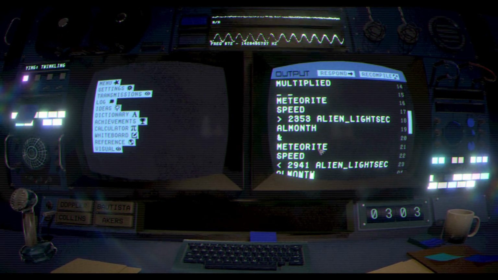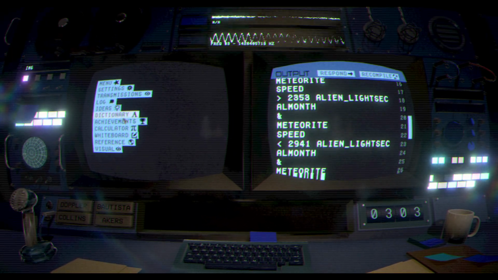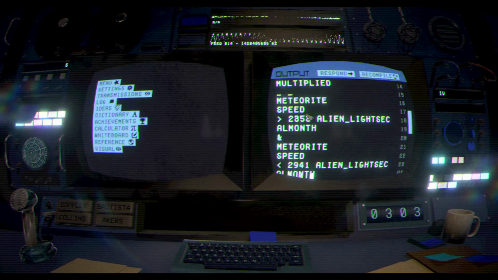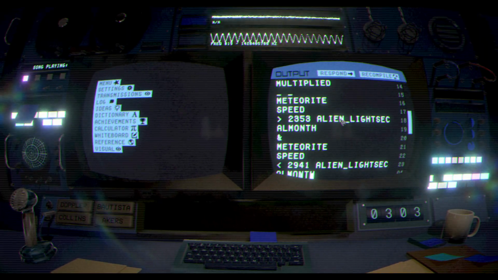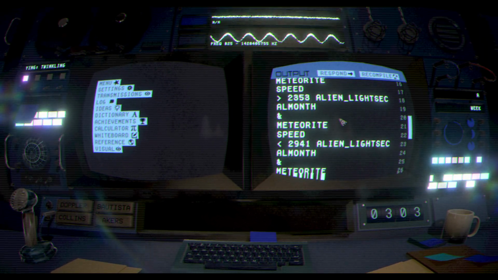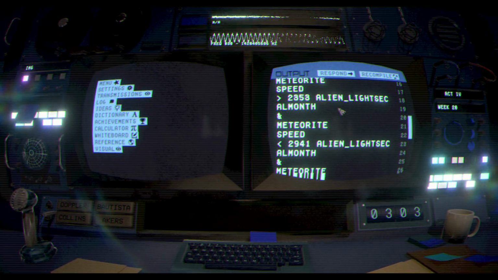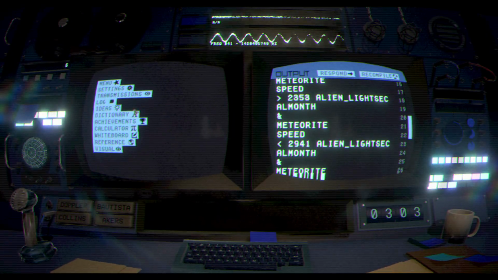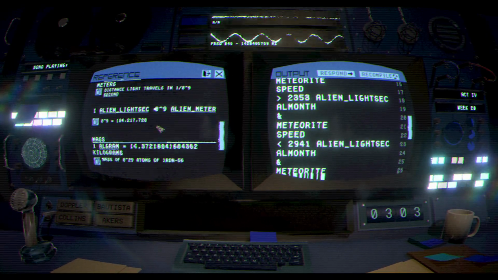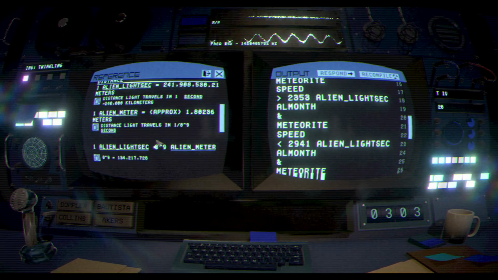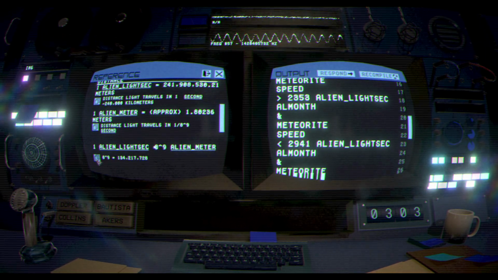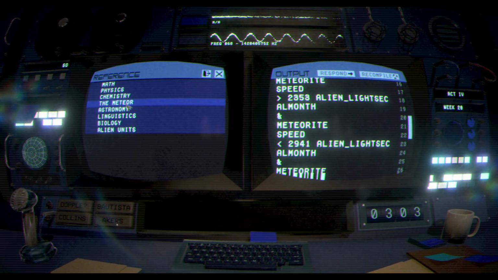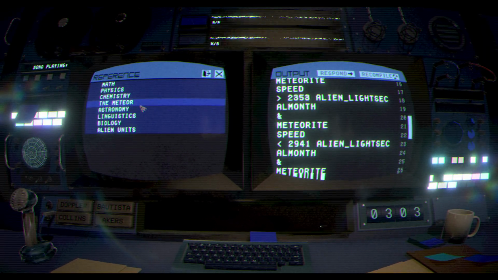Okay. So, we're going to take the alien light second and multiply it by the all month, then that gets our lower bound and our upper bound.